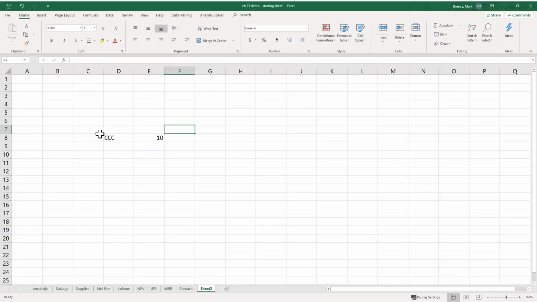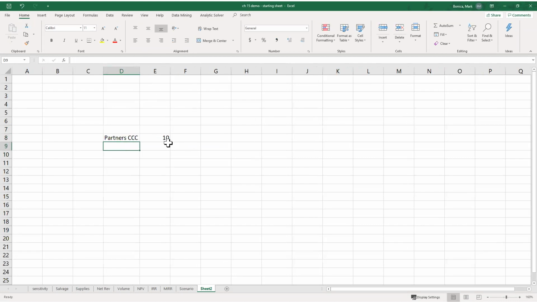So Partners' corporate cost of capital might be 10%. It's probably lower than that, but it might be 10%. And Partners' main divisions might be like, say, Mass General, maybe about as risky as the parent.